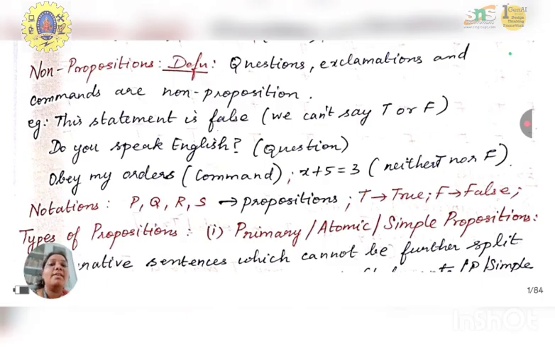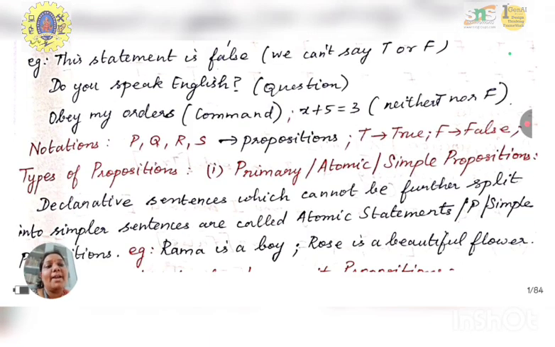Now we are going with the types of proposition. The first one is primary. A declarative sentence which cannot be further split into simpler sentences. A simple sentence is called a primary, atomic or simple sentence. We know what a simple sentence is: it contains subject, verb, object, or SVO.